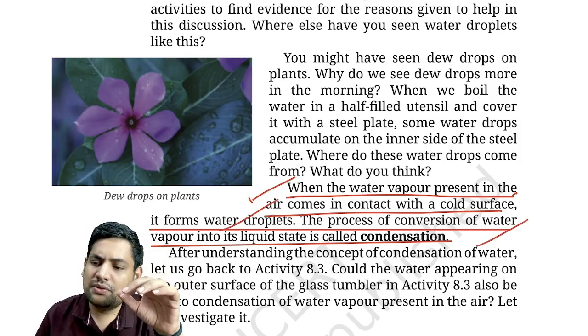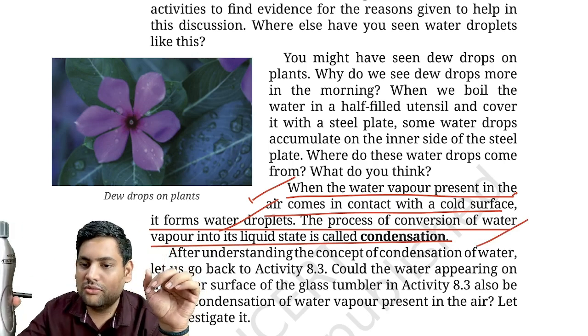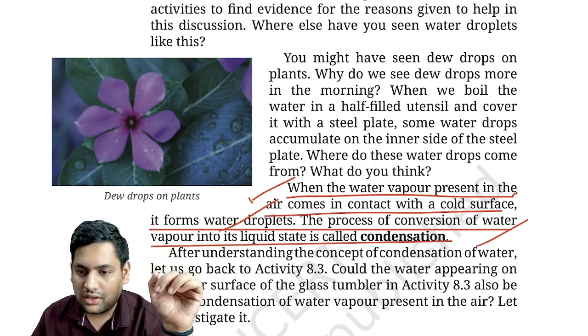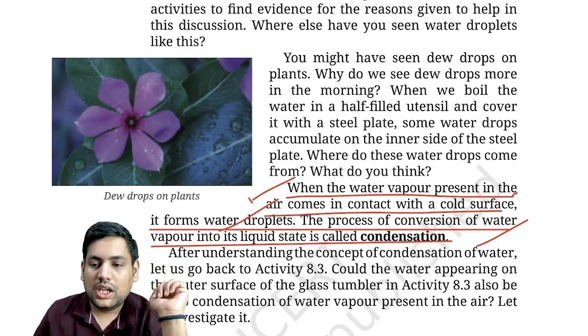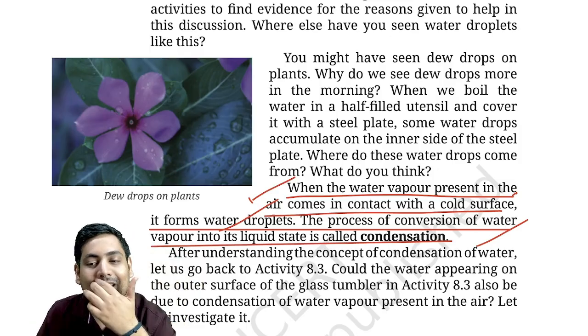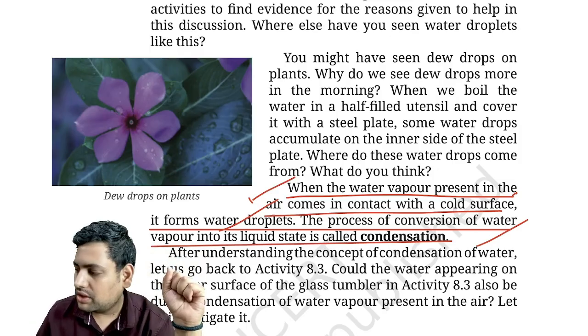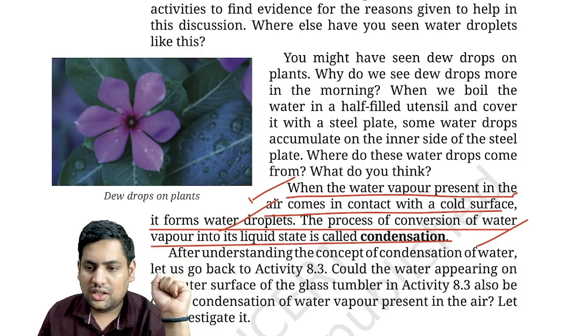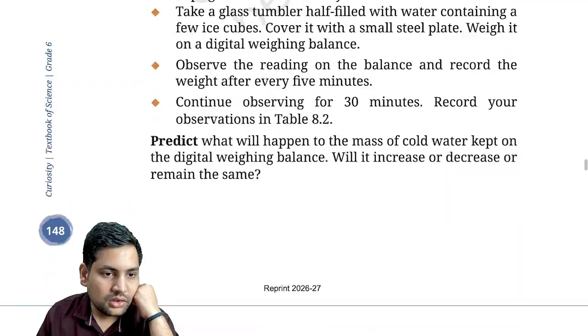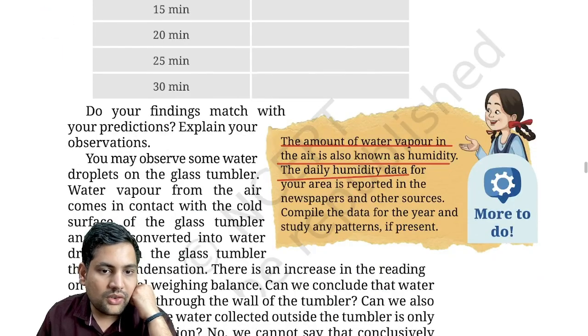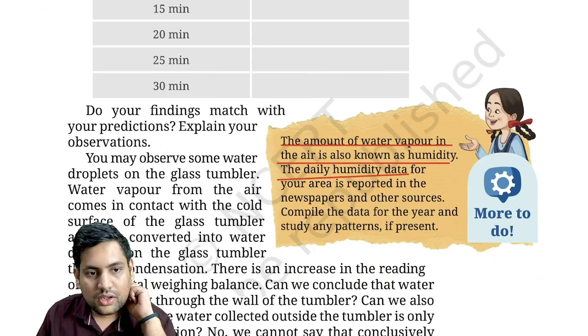Best example of this: if this is a cold bottle and I keep it outside like this, after some time what do you see? Droplets of water around it. Why? Because the water present in the water vapor is getting condensed here. Understood? Now this is important.